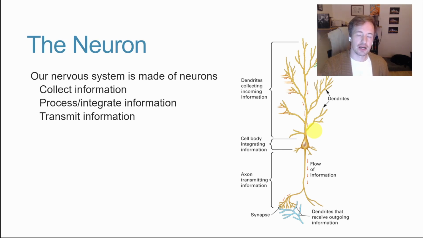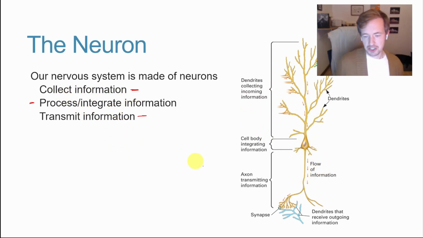And these neurons have three different functions. They collect information that's incoming, they transmit information, so they're going to send information, and they're also going to process/integrate information. Okay, what does this mean? It's all very vague. What this means, and I'm going to point over at this neuron to explain, is that it collects information.